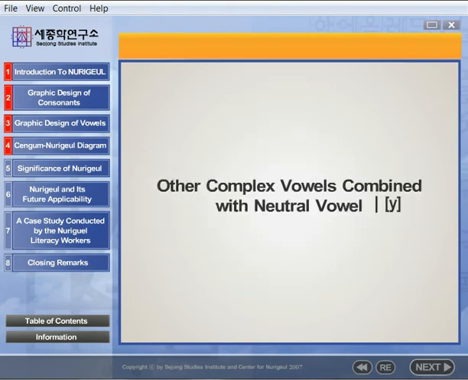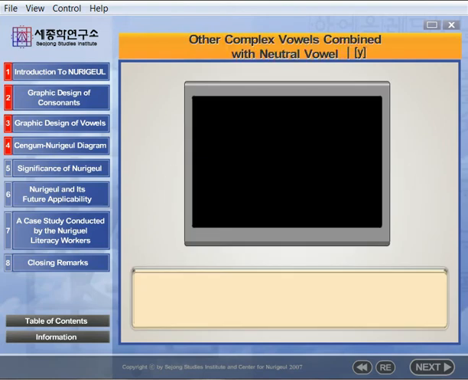Other complex vowels combined with neutral vowel. Now we will take a look at other complex vowels that are combined with the neutral vowel 이.